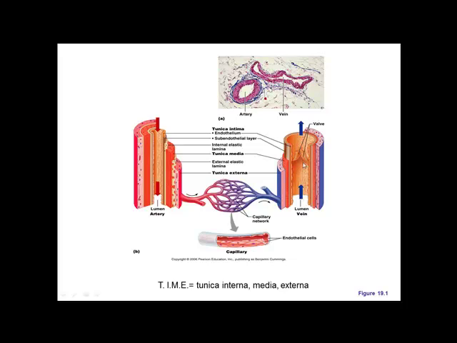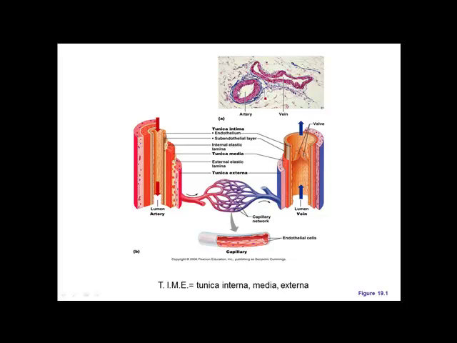So typically blood's going to be flowing up this vein, and sometimes if blood pressure drops, the blood's going to want to regurgitate or go backwards. So we have this valve here, and based on its shape it is going to prevent blood from regurgitating inside the veins.